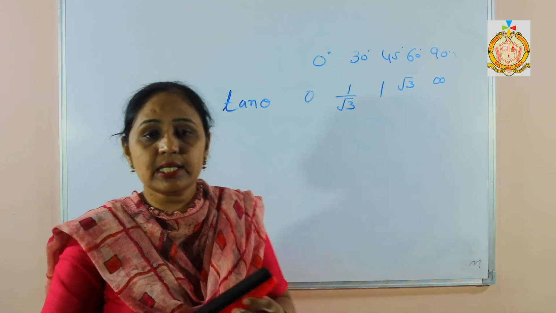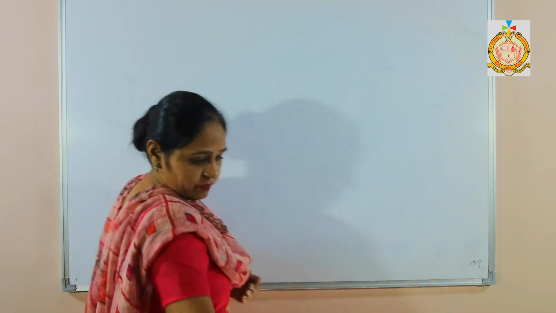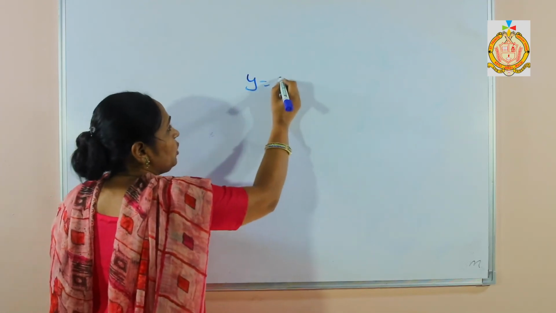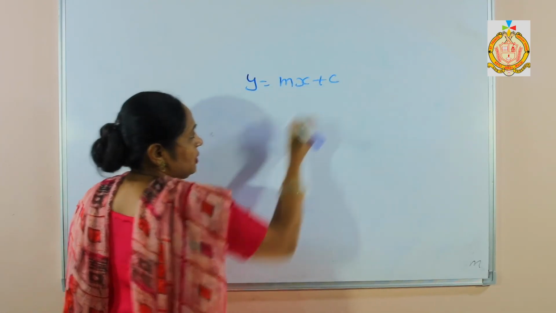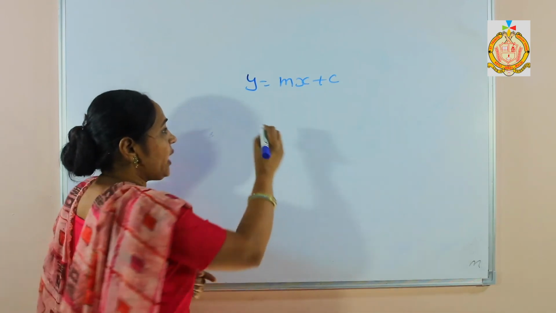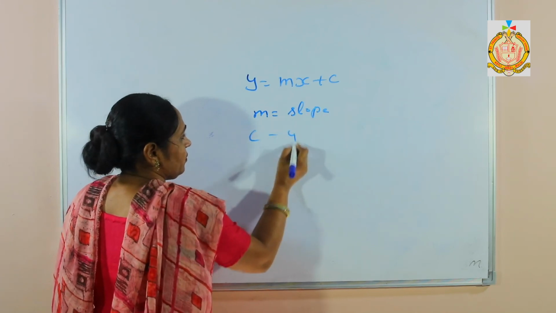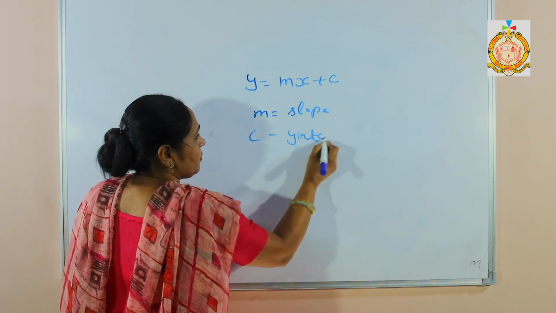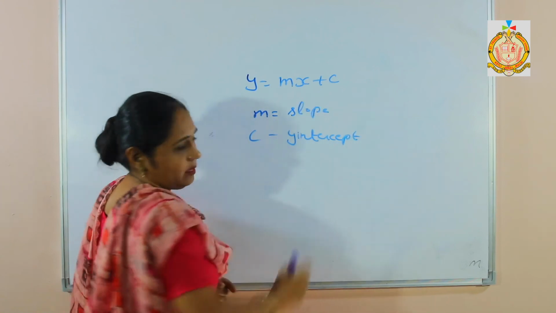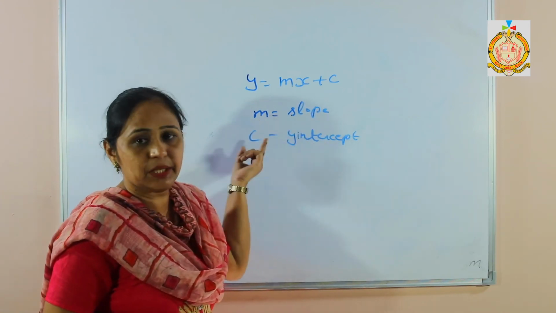For it, there is a general equation, that is y equals mx plus c. Now this m is the slope, and c is the y-intercept. Now see, m is the slope, the y-intercept is c.